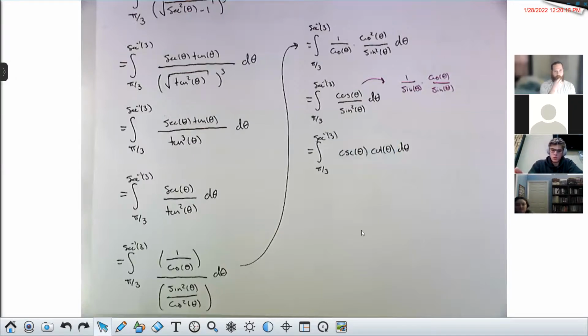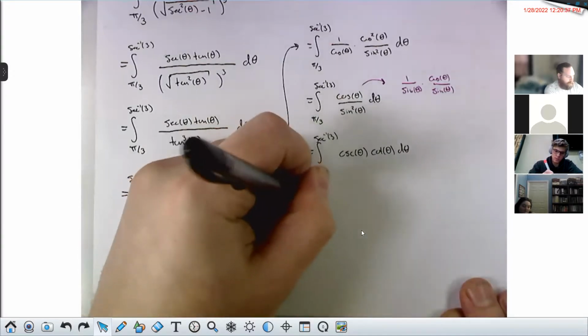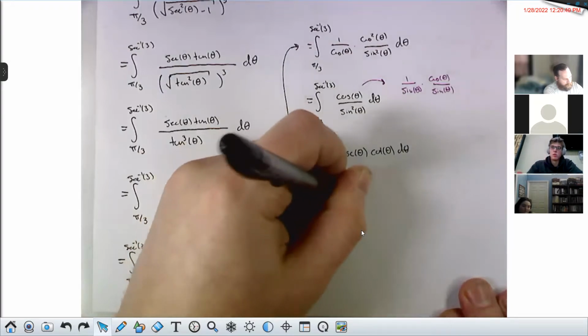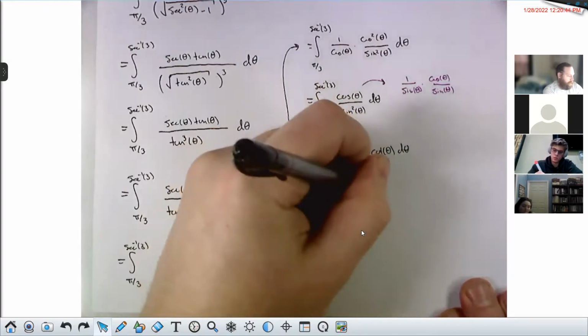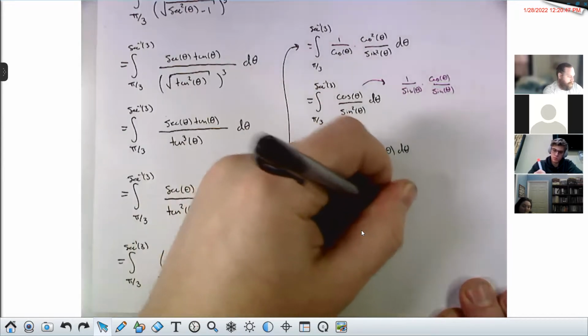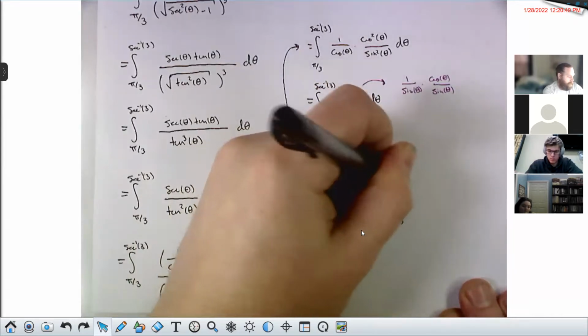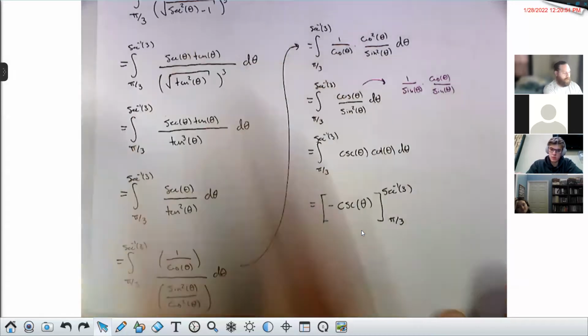What is the integral of cosecant cotangent? Very good. Negative cosecant, negative cosecant of theta. And we have to evaluate from pi over 3 up to the inverse secant of 3.